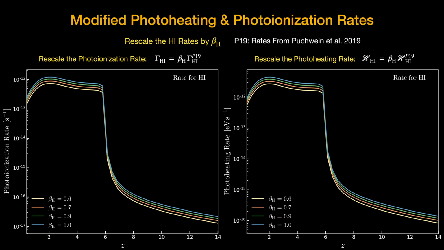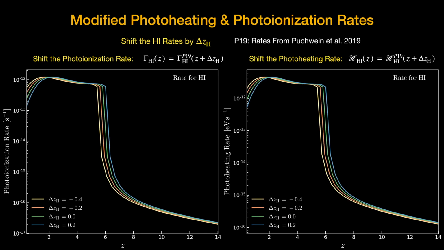Note that we are modifying both the heating and ionization rates equally. Okay, the second transformation will be a shift in the redshift dependence of the rates. Basically, we are shifting the time where reionization occurs. Here again, you see the effect of applying this shift that we named delta z, applied equally to both heating and ionization rates.